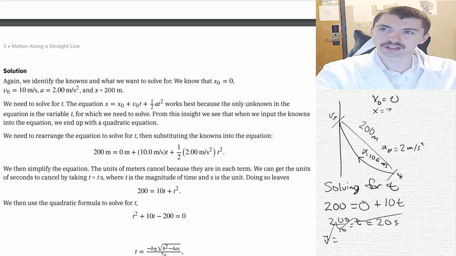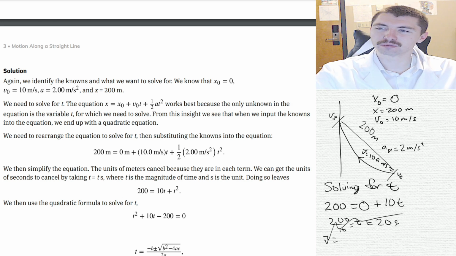Correctly identified x is 200. v naught is 10. I'm not going to say I got this right because I didn't really specify. I just wrote v because I didn't specify that that's the v initial.